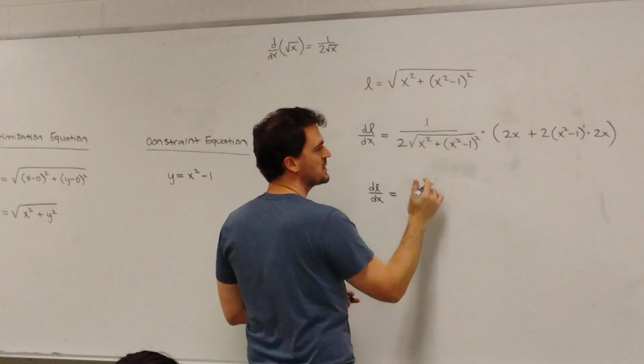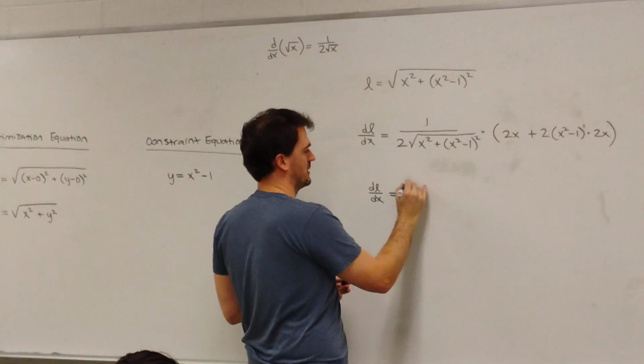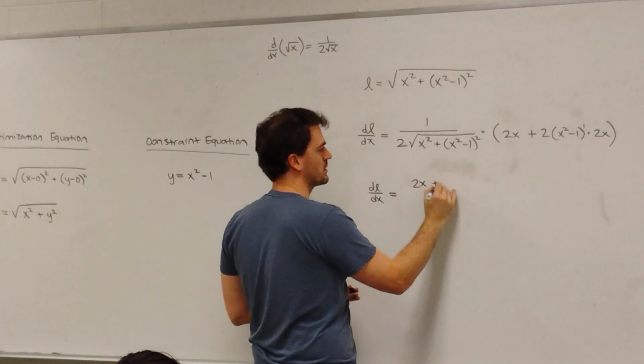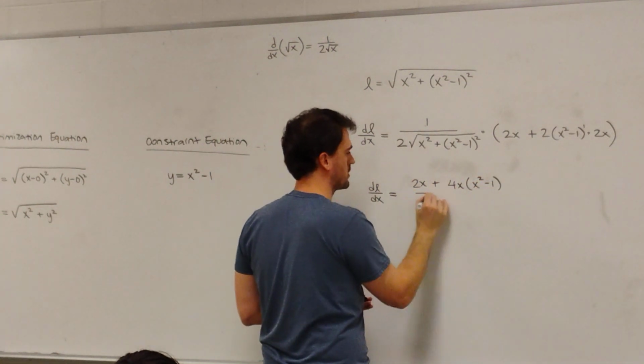So I'm just going to write this in the numerator, maybe distribute that through. I'll do it in 2 lines. 2x plus 4x, x squared minus 1.